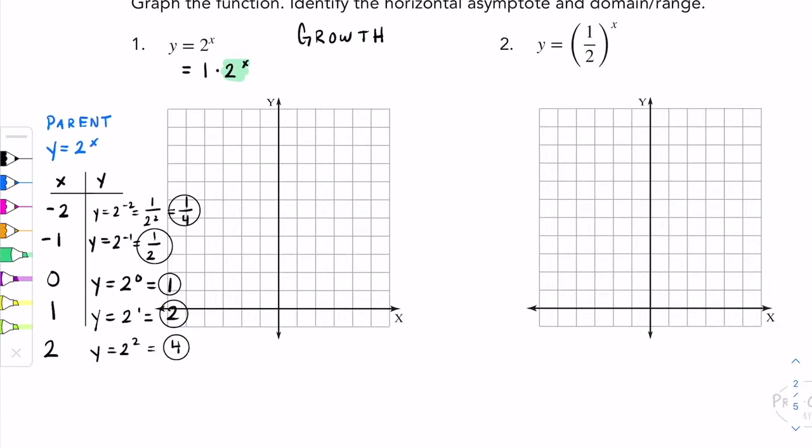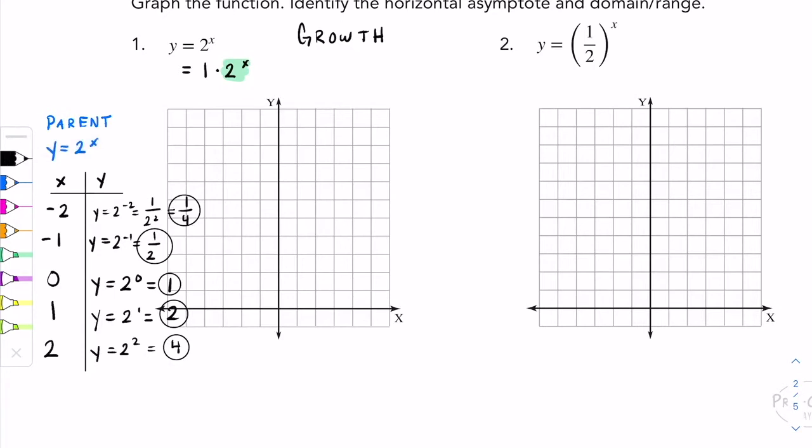The first two are negative exponents, so you need to make sure you know your negative exponent rule for those. The third test point is the 0 value, which is always going to give you an output of 1. The last two inputs are just your values of 1 and 2, which should be easy enough to test.